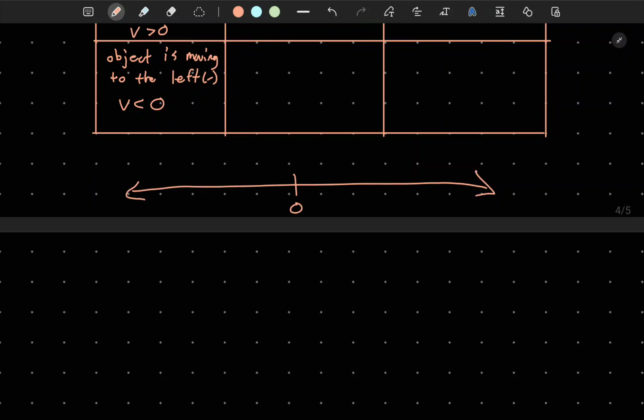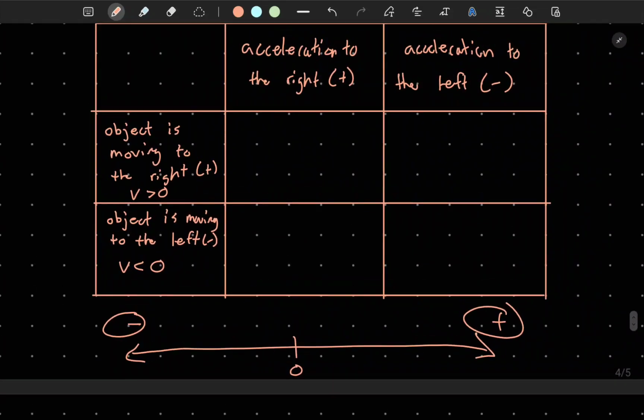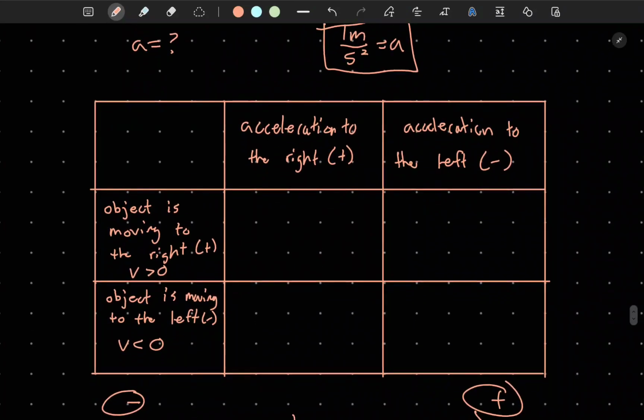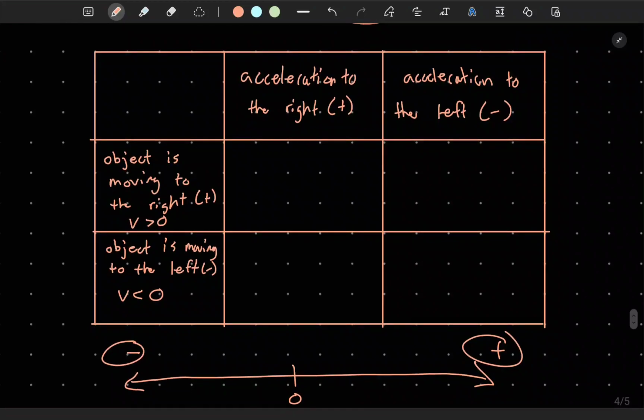If we have 0 here, we're just going to call this the positive direction and this the negative direction. If something is moving to the right, so velocity is positive, and we accelerate to the right, as I mentioned, acceleration has direction, what happens to the object? So in this case, it gets faster.